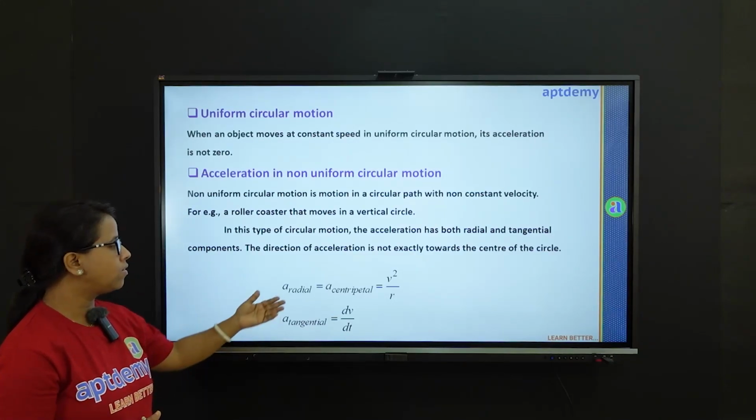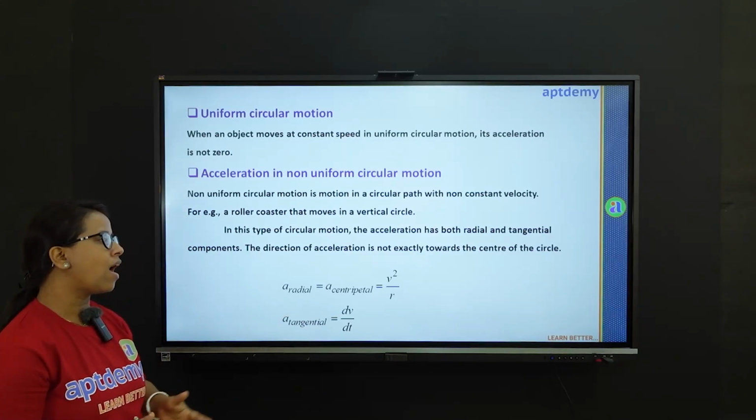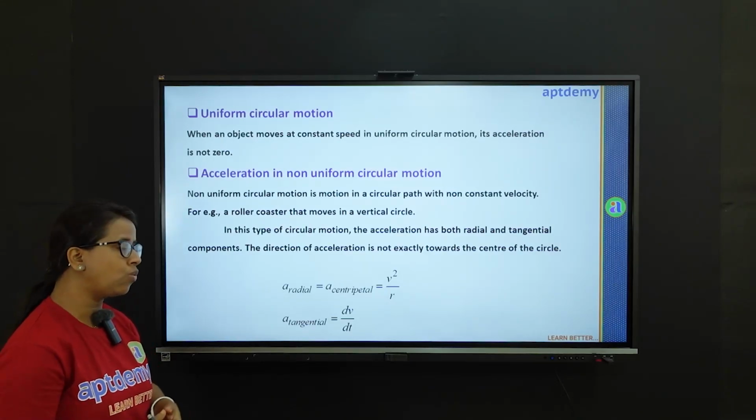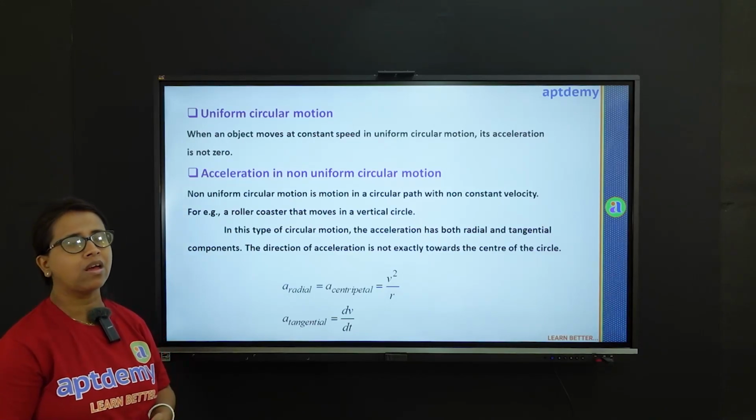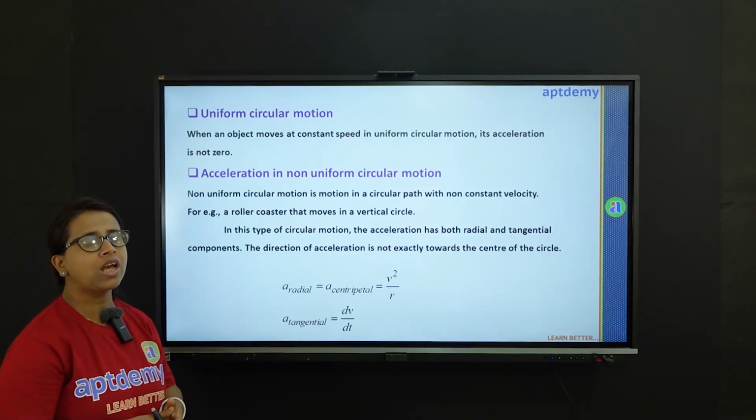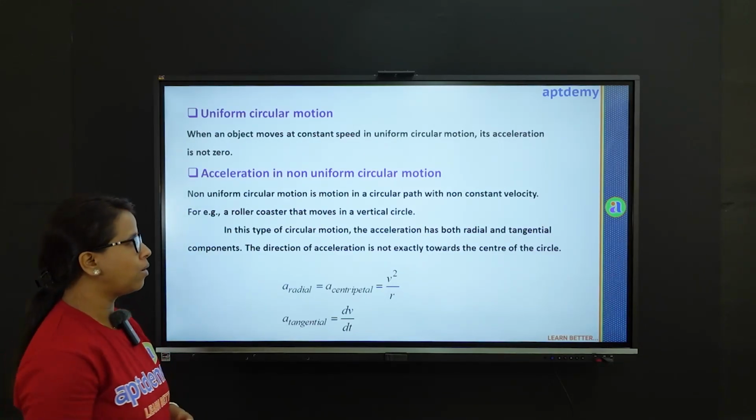So the radial acceleration, the centripetal acceleration, is equal to v square by r, and the tangential acceleration can be calculated from the change in velocity with time.